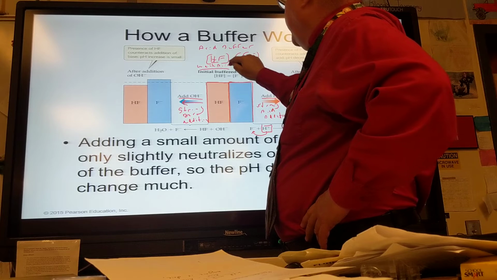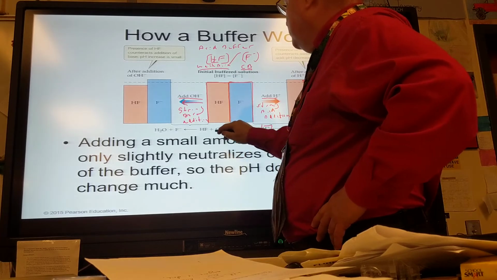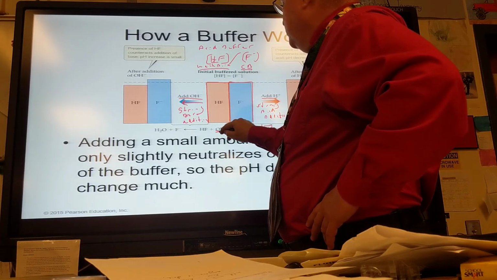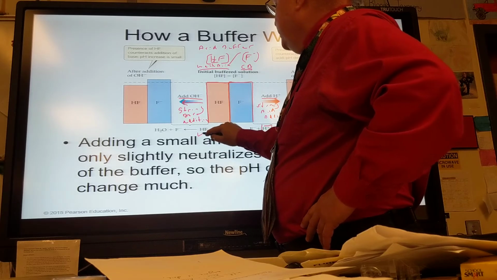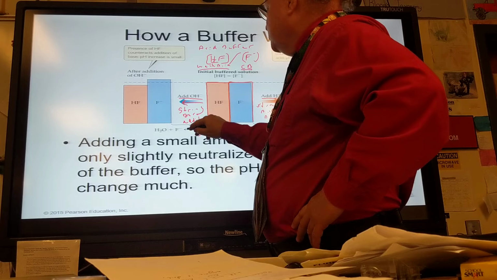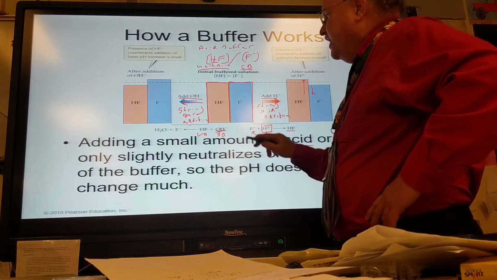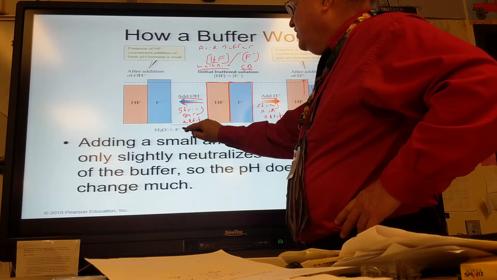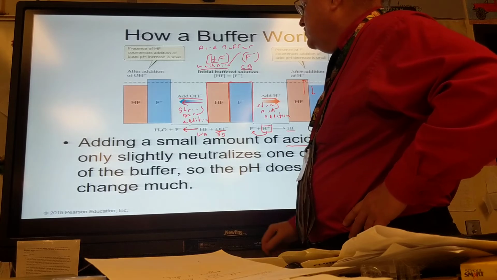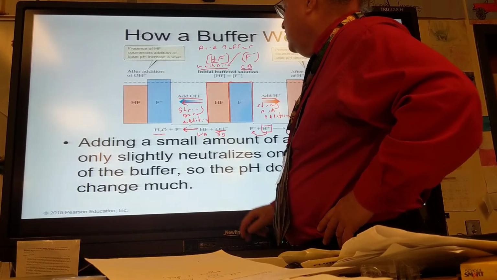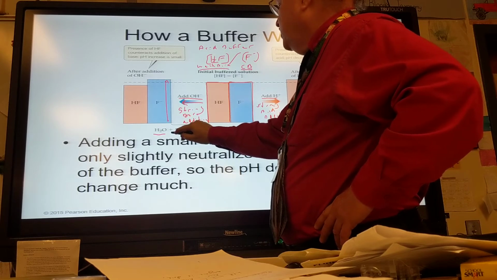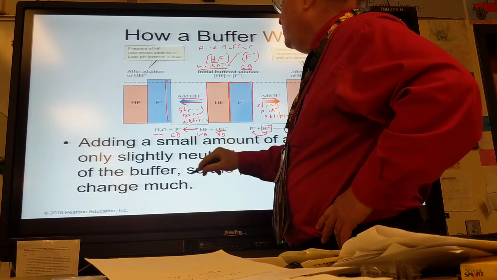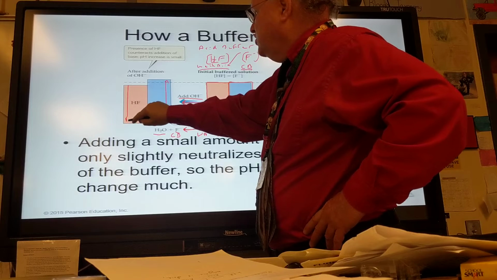Your base is going to react with the acid on this side. So here's me adding the hydroxide, the strong base. It's going to react with the weak acid. This is not an equilibrium. This is a reaction, so you have a single arrow, not a double arrow. You have water as a product. And what it does is it increases the amount of conjugate base, the fluoride, and it decreases your amount of HF.